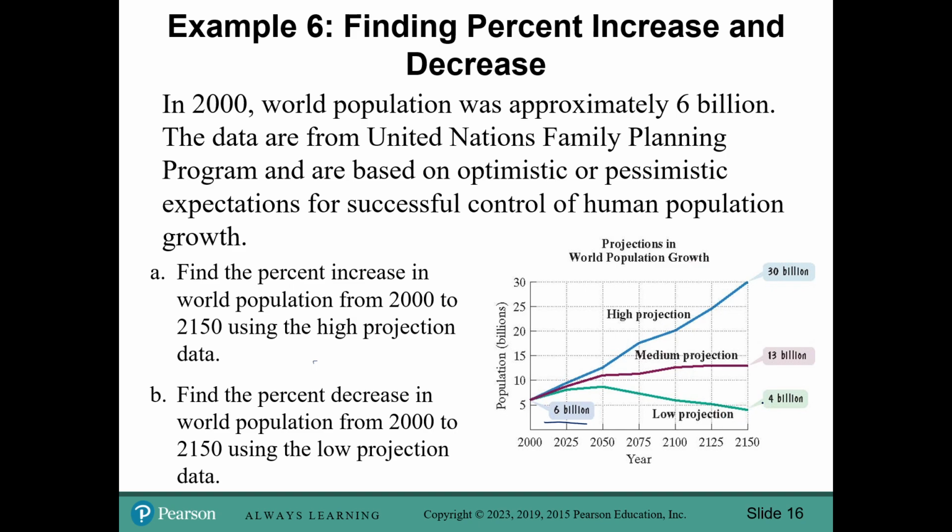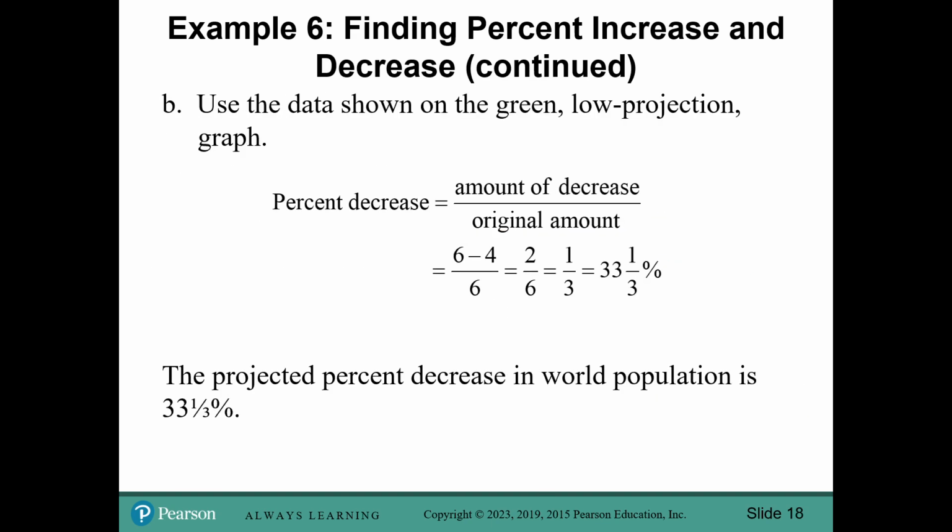We need to look at the amount of decrease from our original amount, 6. So we'll do 6 minus 4, that's 2. 2 divided by 6 reduces to 1/3, which is 33.33%. So the projected percent decrease in world population is 33.33%. And if you wanted to approximate it as a decimal, you could say 33.3%.